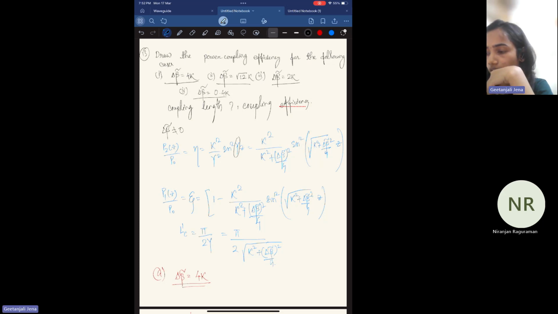One minute. When delta beta increases, sine square will increase.